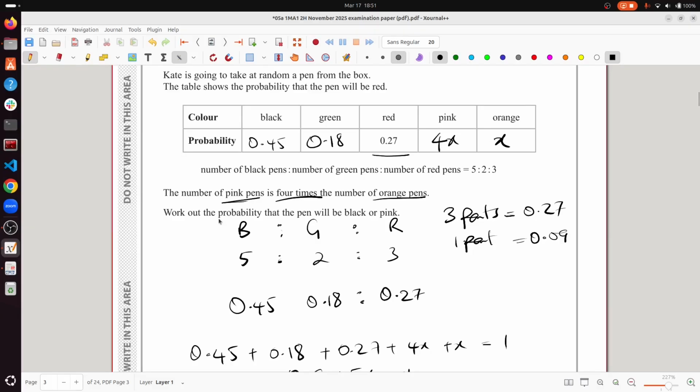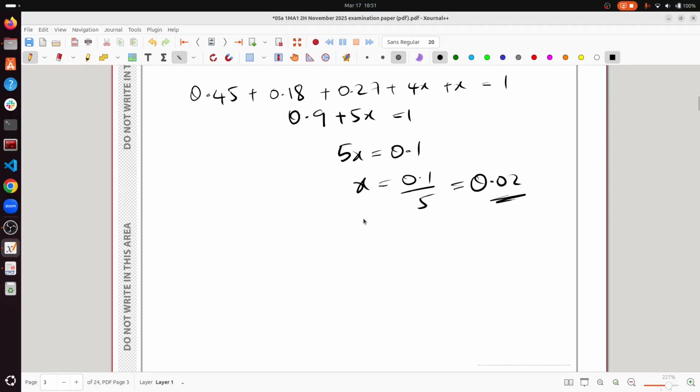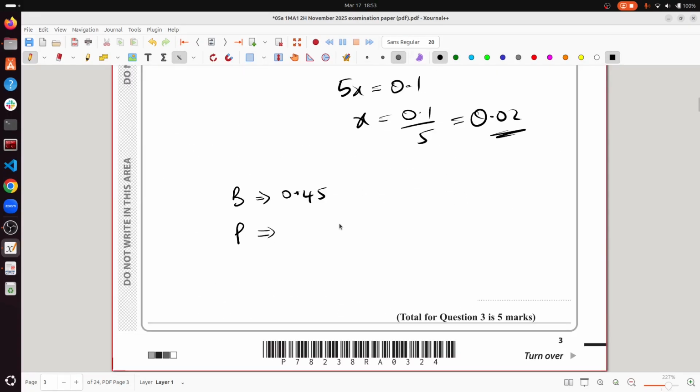It says what is the probability that the pen will be black or pink. So for black, we have that as 0.45. So for pink, that is 4x, and that is 4 times 0.02, which is 0.08.